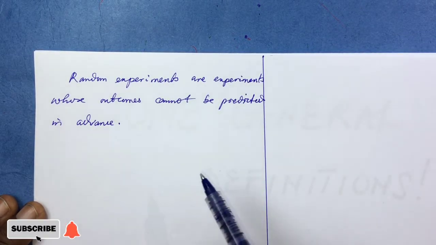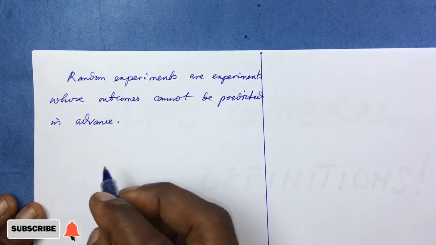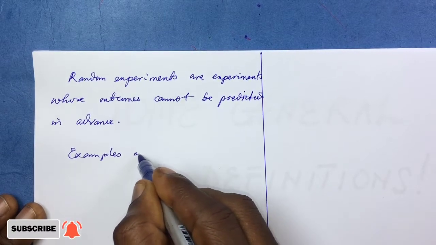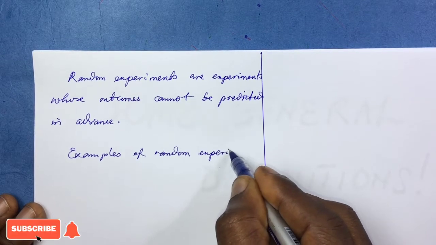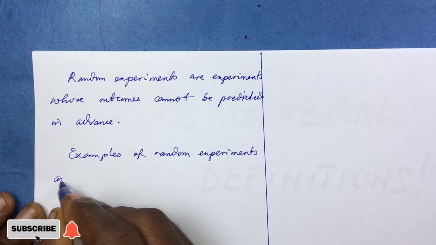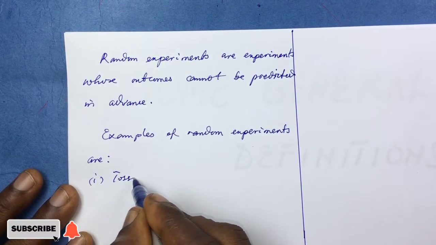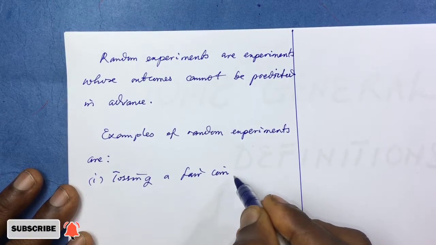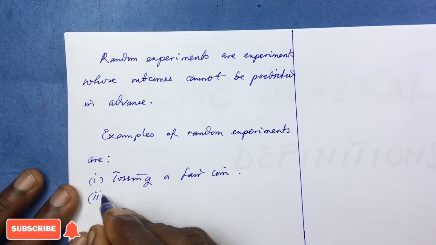In probability, our concern is with experiments that are random. And I'm going to give you examples of such experiments, okay? So let us consider examples of random experiments. One, tossing a fair coin. So when you toss a fair coin, you are inevitably performing a random experiment, okay?